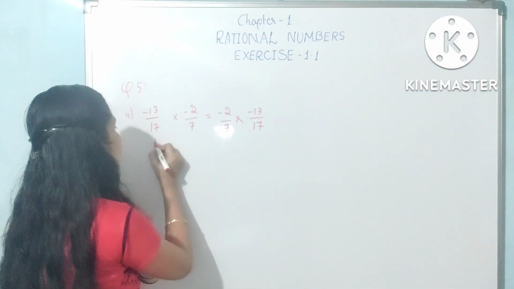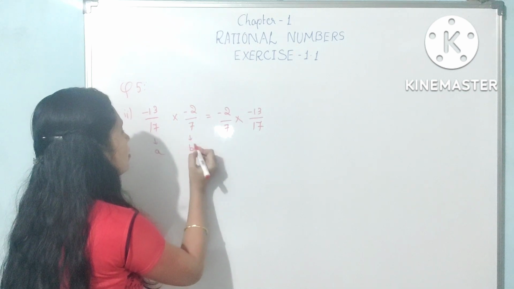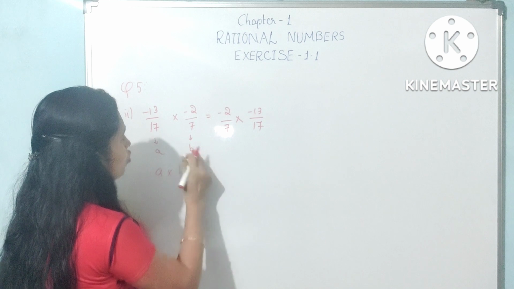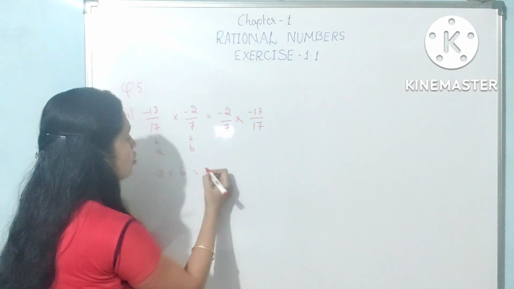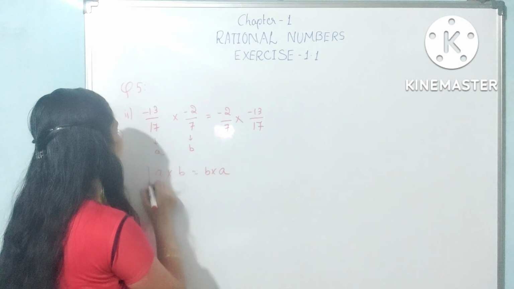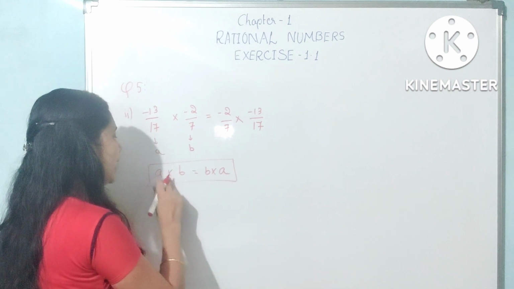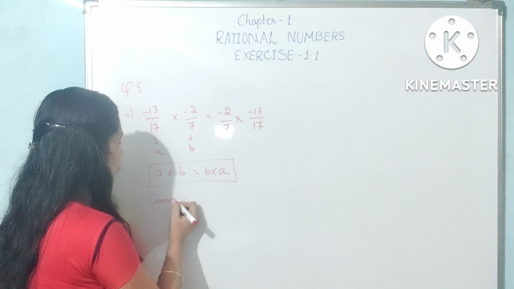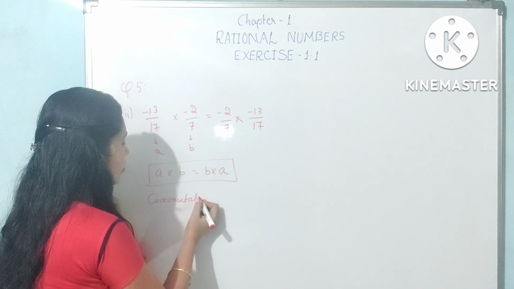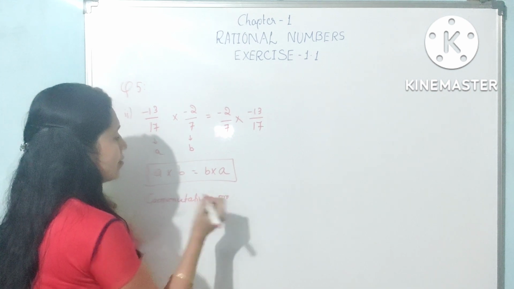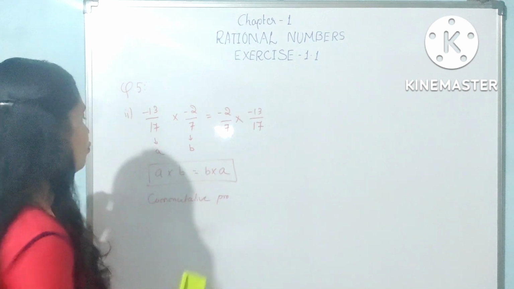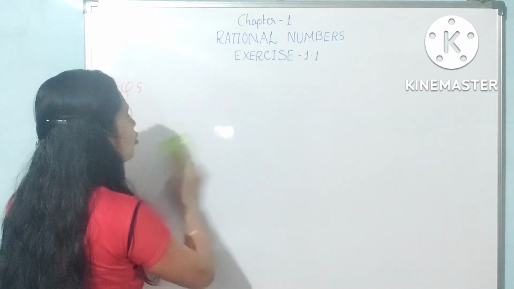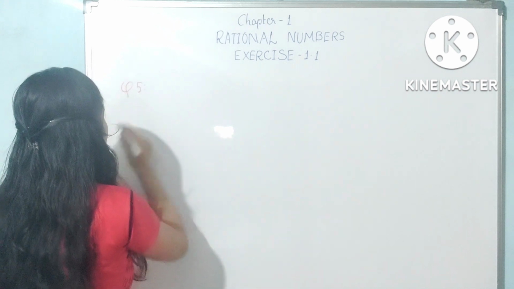Let's say this as A, this as B. So A into B is equal to B into A. Which property tells A into B is equal to B into A? Correct? It's the commutative property. Okay, now we'll move to the next question. Exercise 1.1 and 1.2 are very simple actually, right?